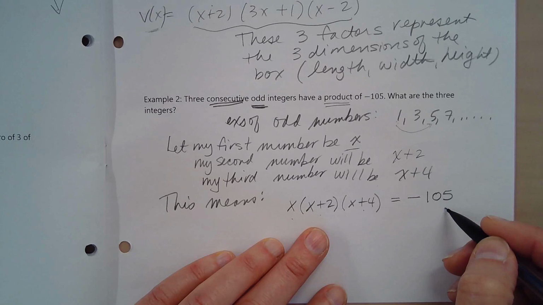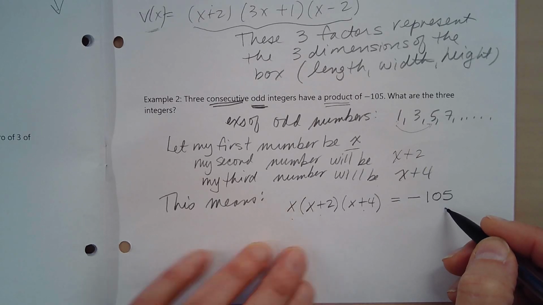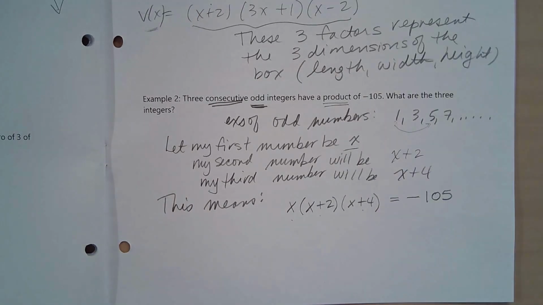Just break it down. There's probably not that many, and do it by trial and error. Could you do it using a process we learned in class at all? Could you do it with long division or synthetic division? What would you do? No? You want to just guess and check?